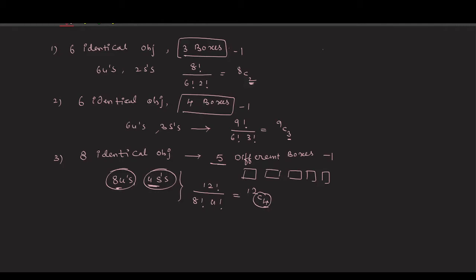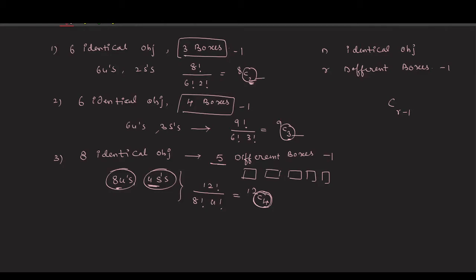So if you have n identical objects and you want to distribute into r different boxes, how many ways can it be done? Different boxes minus 1 will be your separation symbols, so you will write C(r minus 1). Can you see here C2, C3, C4? They are the separation symbols, so r minus 1.